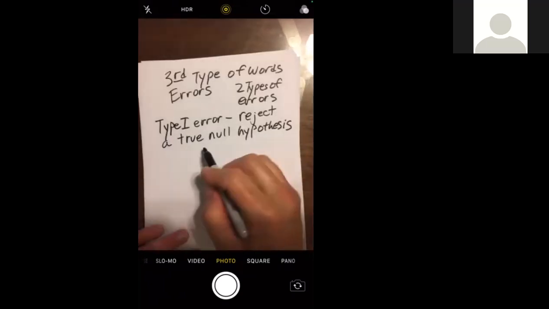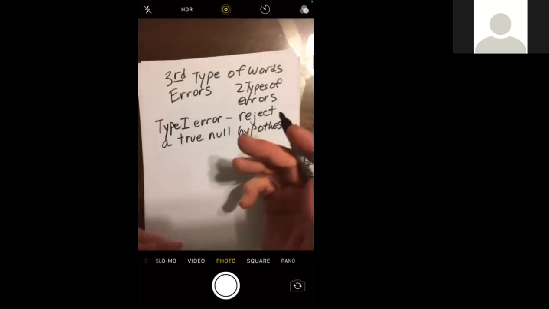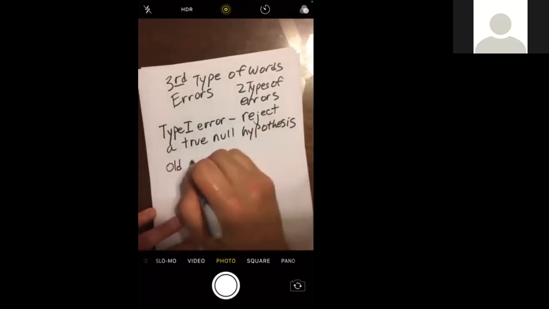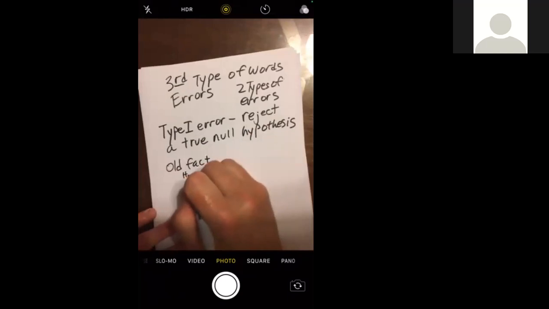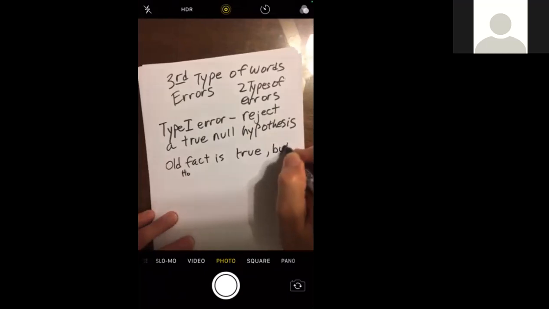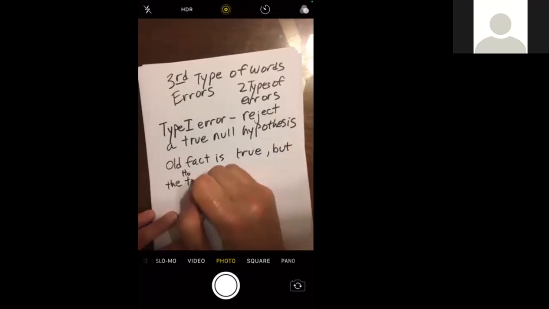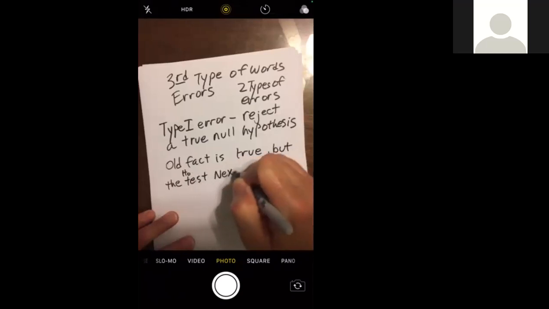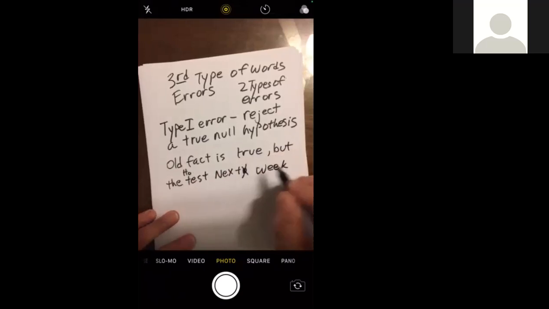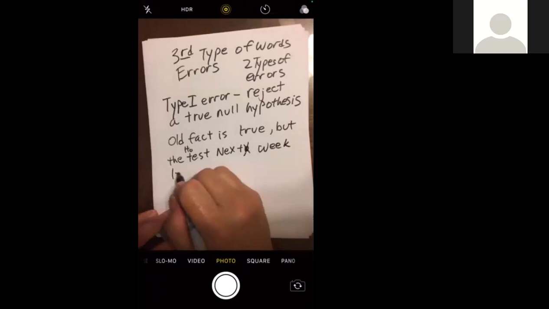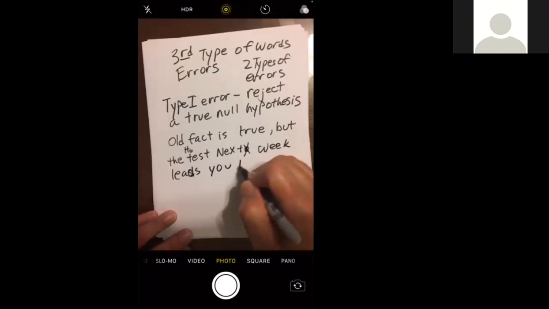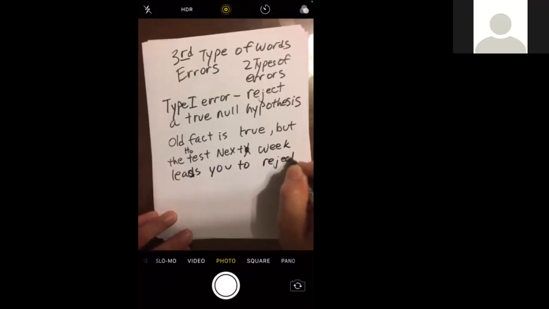Basically your old fact is true, but when you do the test, it leads you to reject it. I think write that down. Your old fact, that's your null hypothesis, is true, but the test we're going to perform next week leads you to reject it.